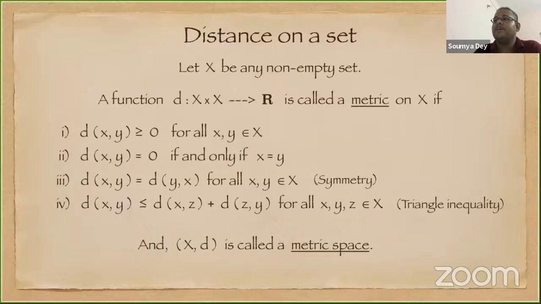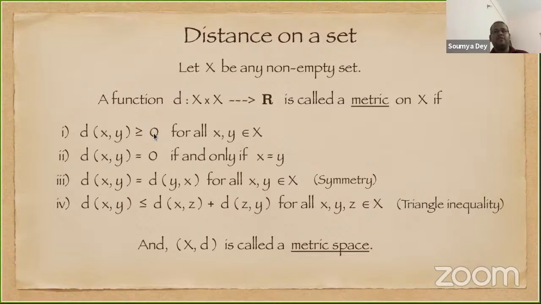Suppose you have any set X, a non-empty set. You can define a function d from X cross X to R, and you call this a metric on X if the following conditions hold. For any two x and y in your set X, the d of xy should be a non-negative real number.